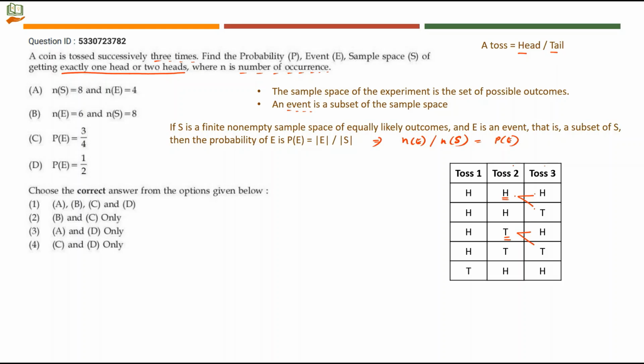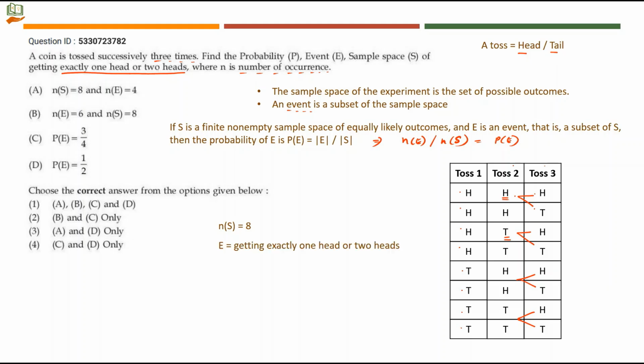So let's take head first, then head and tail combination. Then for the tail we have head and tail combination. So for head we have 2, for tail we have 2. Now all these are applicable for the tail part. Now the sample space is 1, 2, 3, 4, 5, 6, 7, 8. So N of S is equal to 8 here.